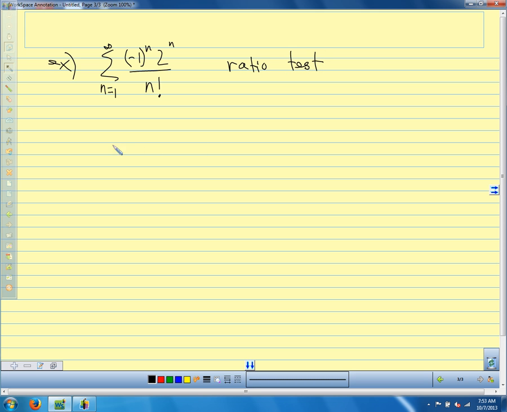So we're going to look at the limit as n approaches infinity of a sub n plus 1 over a sub n.